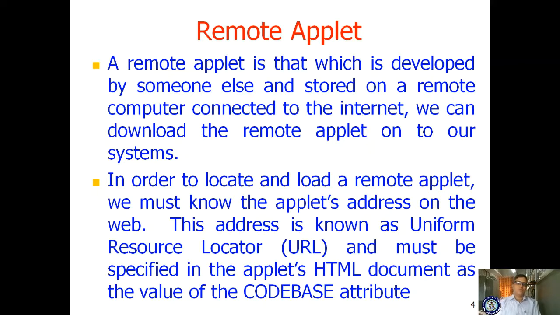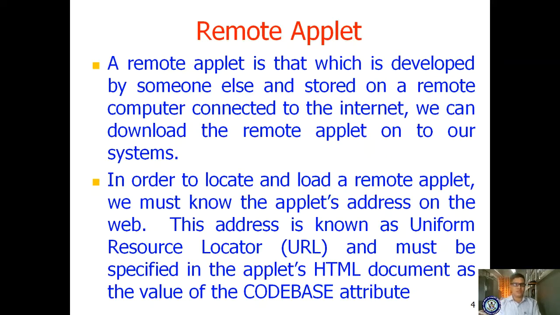So a remote applet must have an address, and it must be specified within your HTML document. You represent your URL in the codebase attribute, which resides in your HTML document.